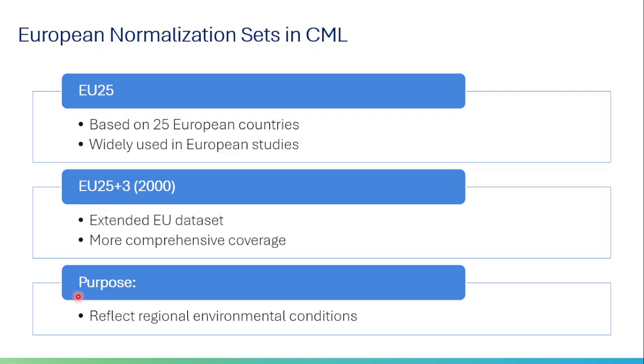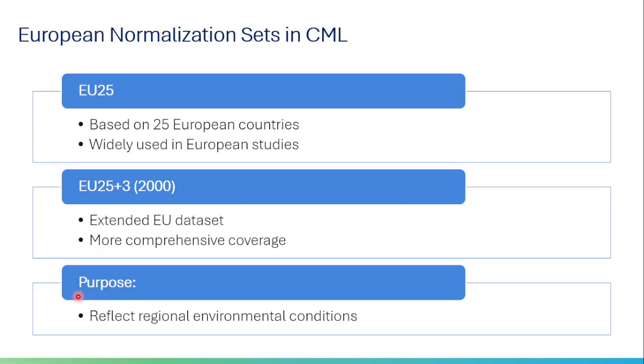The normalization sets are particularly useful when the study is solely focused on Europe, as they provide more regionally relevant results compared to the global data set.